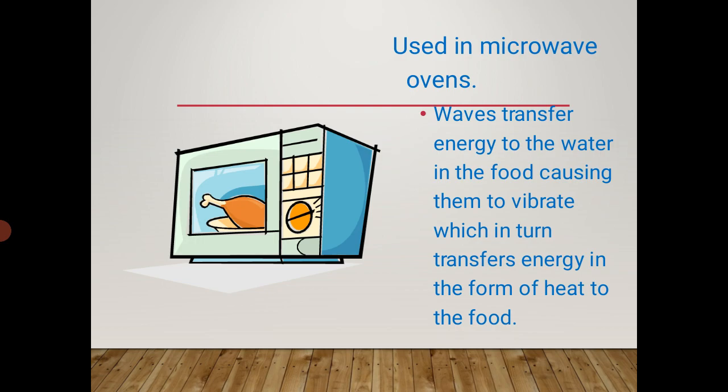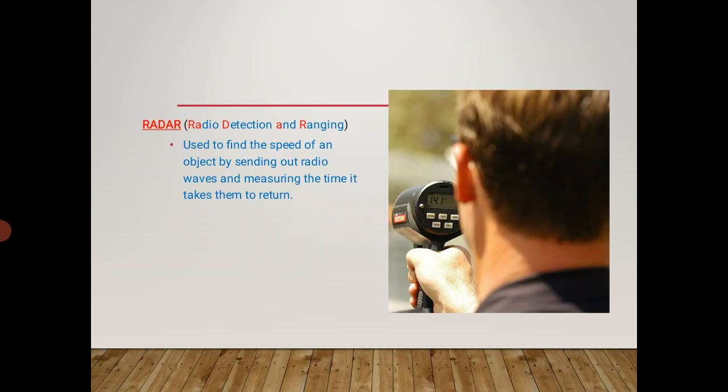Microwaves are used in ovens. Waves transfer energy to the water in the food, causing them to vibrate, which in turn transfers energy in the form of heat to the food.